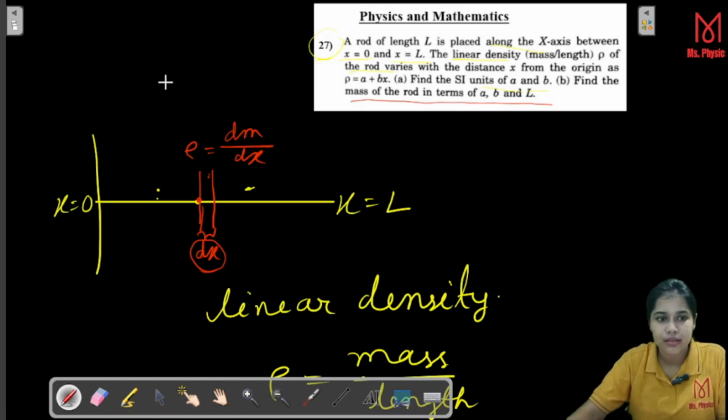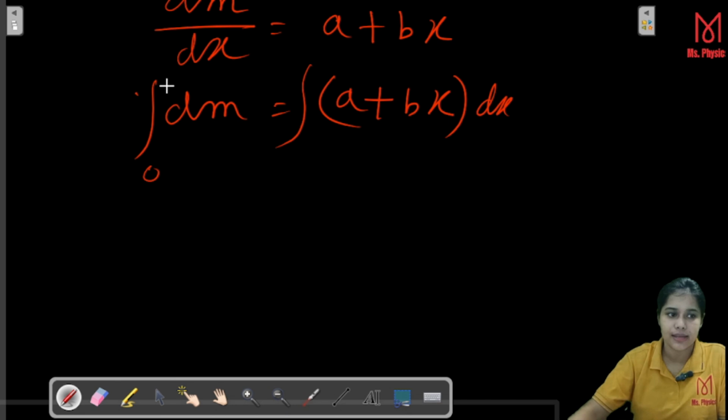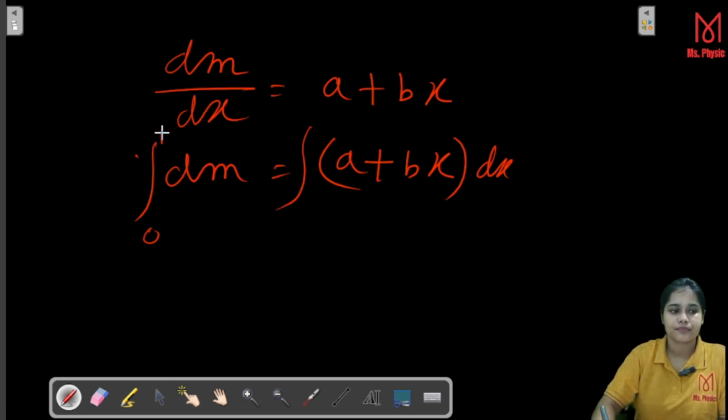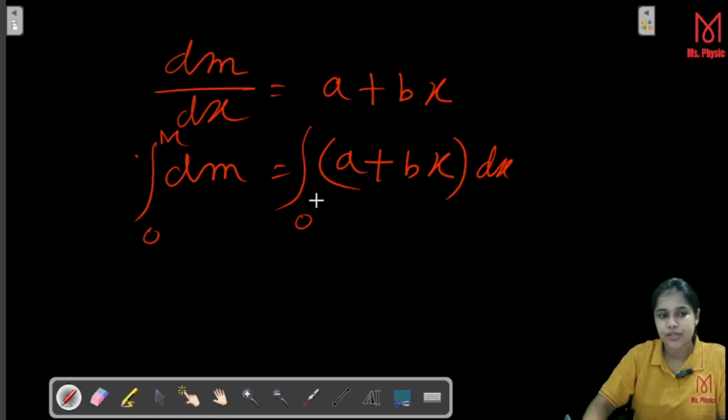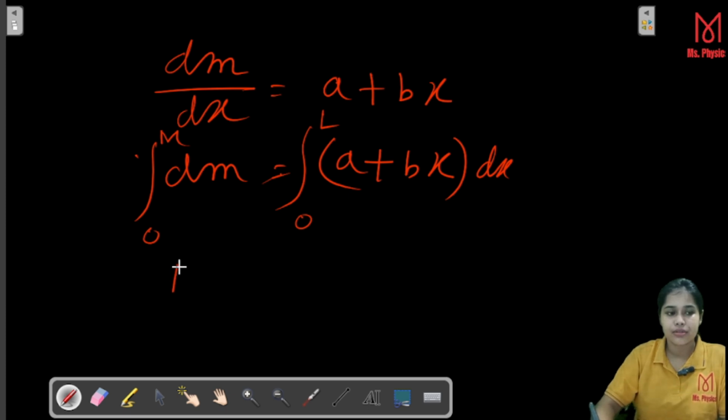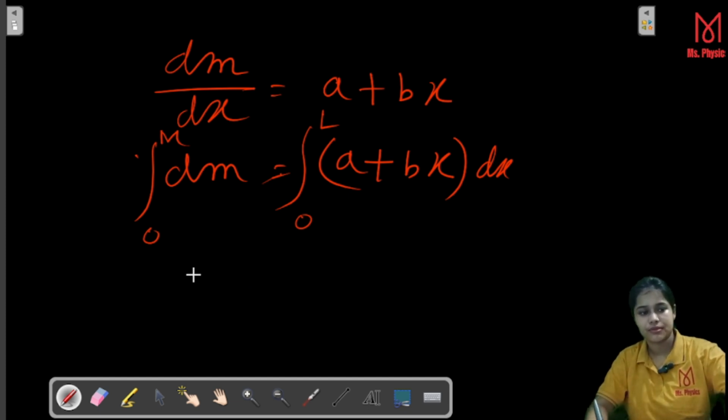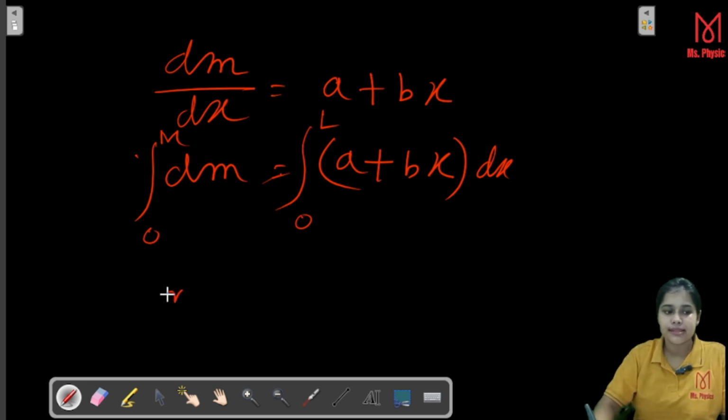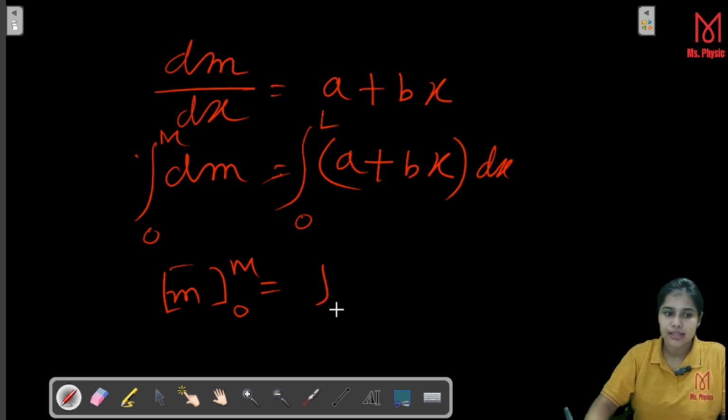The total mass is not given, so suppose I consider it as capital M, and the length varies from 0 to capital L. So the integral of dm from 0 to M is equal to the integral from 0 to L of a dx.